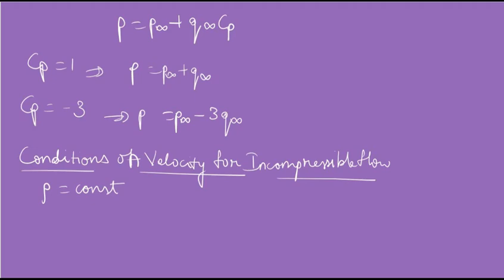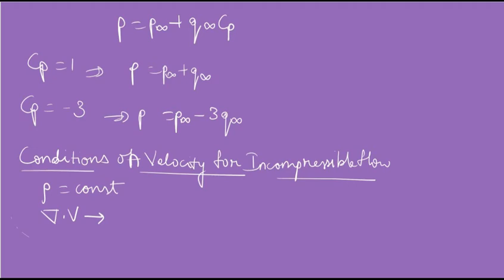So now we know one more term, that this term is nothing but physically the time rate of change of volume of a moving fluid element per unit volume, correct? Now, just now we have stated that for an incompressible flow, the volume of a fluid element is constant.